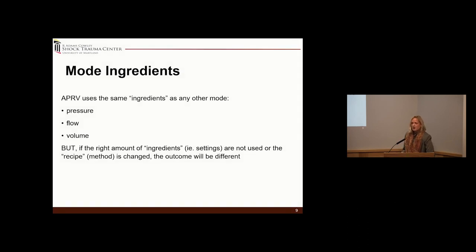We're going to use the analogy of making a Halloween cake. So we're going to have the mode ingredients. Actually, APRV uses the same ingredients as any mode: pressure, flow, volume. It's just how you actually set it on the ventilator. But if the right amount of these ingredients is not used, the outcome can be vastly different.